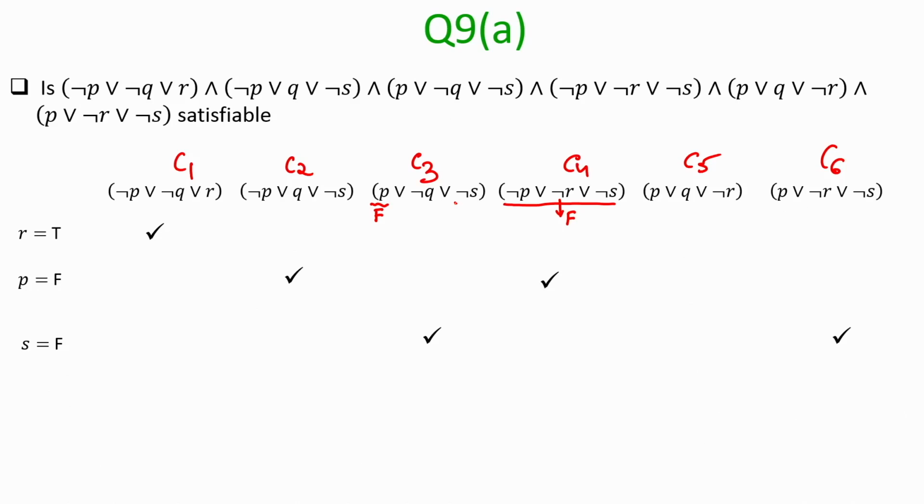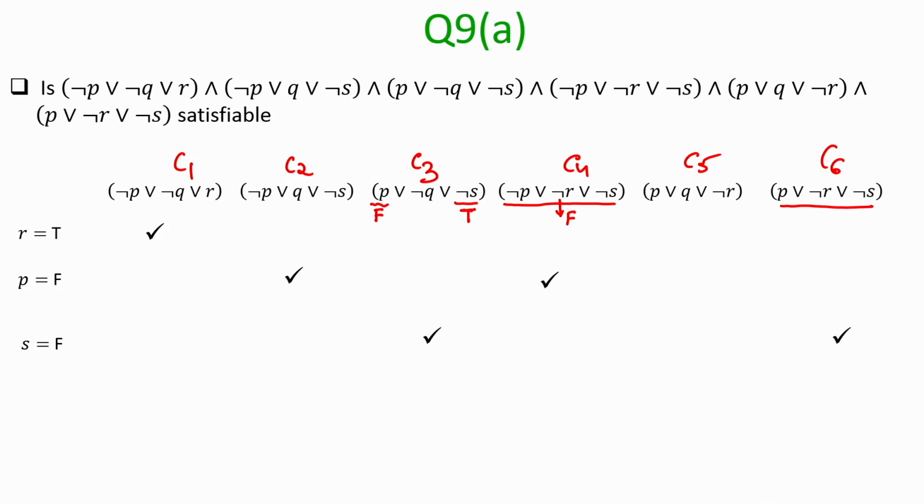But what I observe here is that if I ensure that negation of S is true, then clause C3 will be satisfied, and negation of S is true means S is false. And if I ensure S is false, my clause 6 also gets satisfied, because I have an occurrence of negation S. I do not have to worry what is P and negation R at the moment. That means, now assigning these values to R, P and S, I am able to satisfy all the clauses except clause C5.